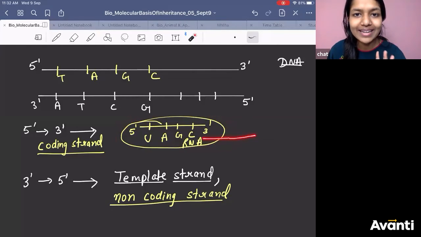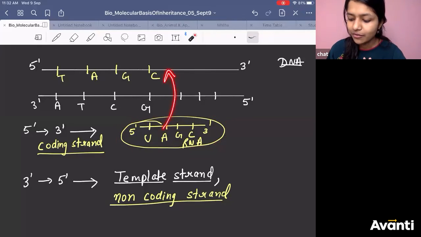So, where are you getting the sense? Which has some meaning. This has some meaning or not? Now come back to the DNA strand and try to name. Which one should be called the sense strand? 5 to 3 or 3 to 5? 5 to 3.